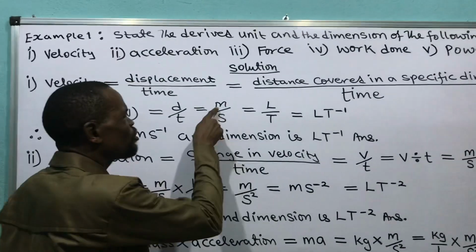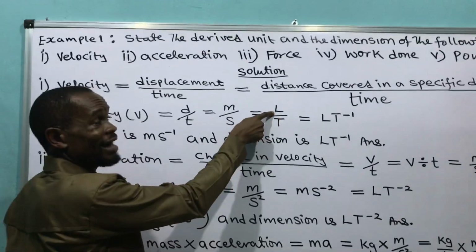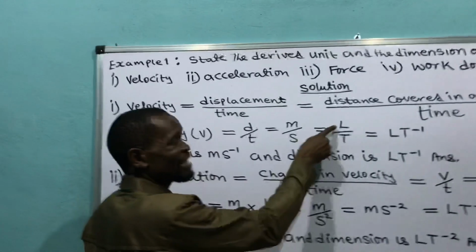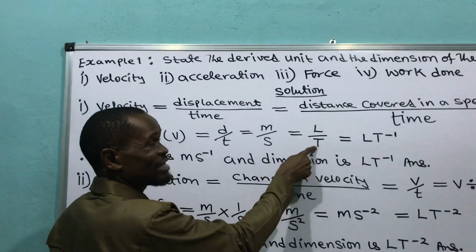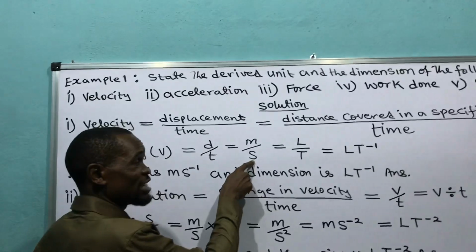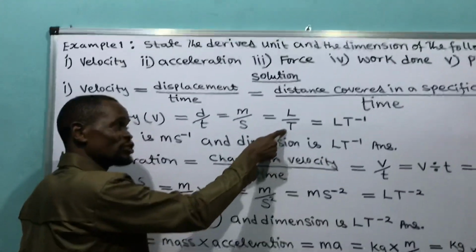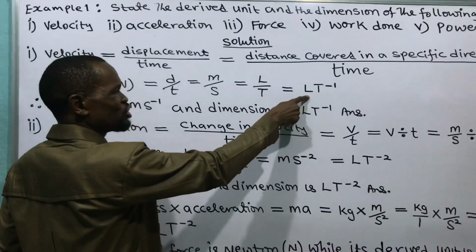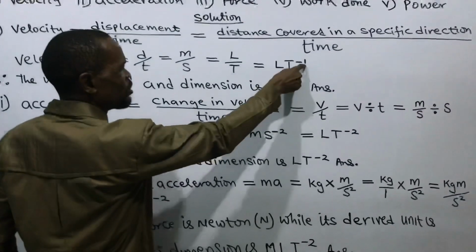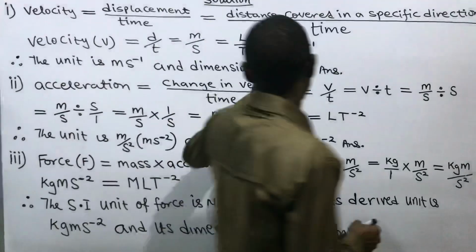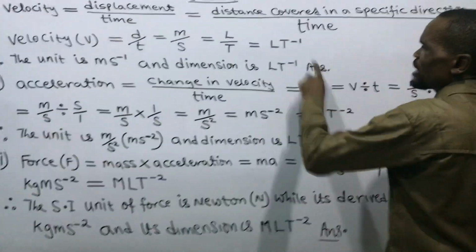The dimension of meter is capital L, and the dimension of seconds is capital T. This gives the dimension LT minus 1. Someone will ask, how did I get LT minus 1?